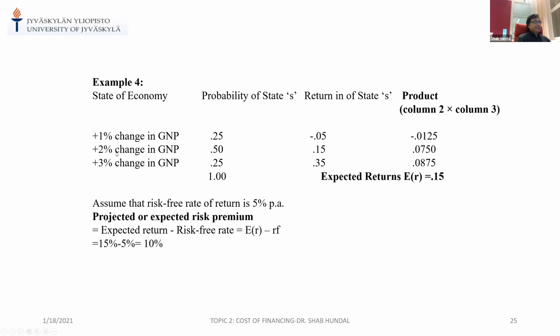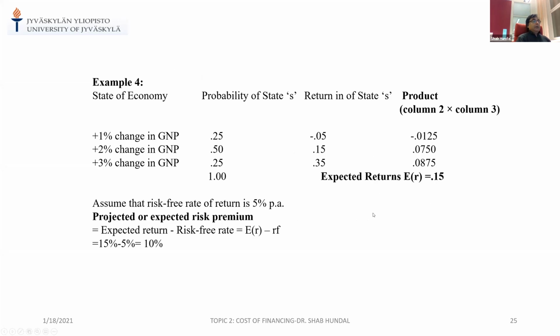Most likely, next year, the economy will grow at 2%, and there's a 50% chance of it. So it looks like a very normally distributed probability curve: 25% very low, 25% very high, and in the middle, 2%, 50%.